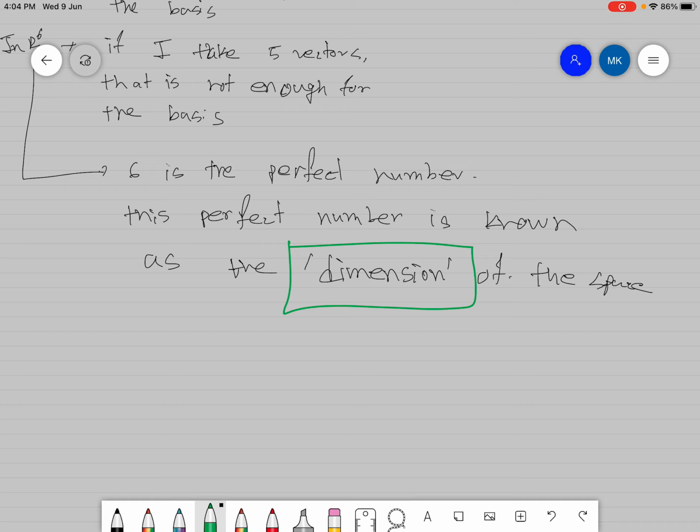If I want to give you a formal definition, that would be the minimum number of vectors that can span the whole space is known as the dimension. And that set of vectors are known as basis vectors. So this is very important.